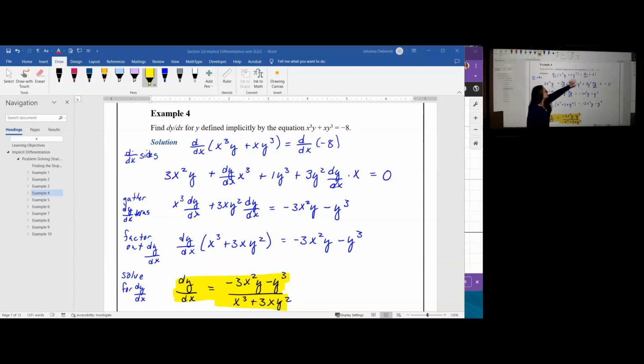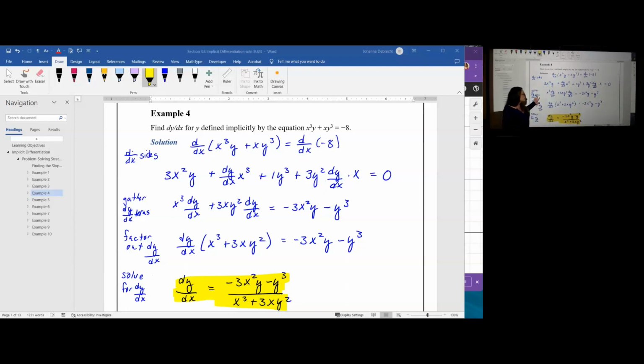So I take the derivative of both sides, I apply the product rule to x cubed y, giving me 3x squared y plus dy dx x cubed. And I apply the product rule to xy cubed, getting y cubed plus 3y squared dy dx times the x that was at the beginning. The derivative of -8 is a 0.